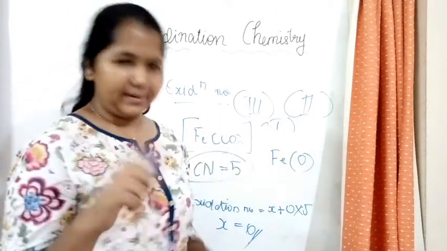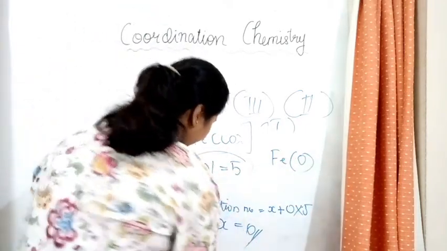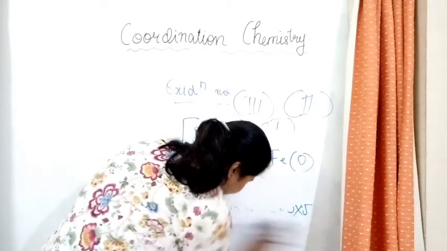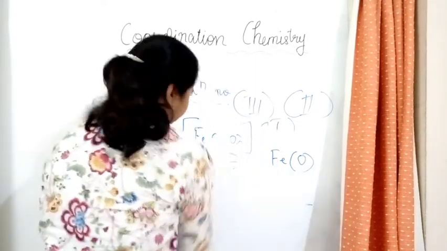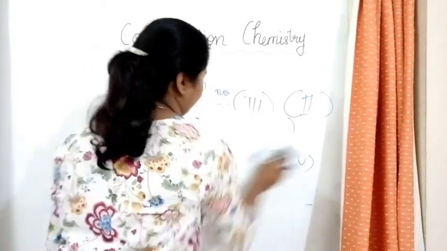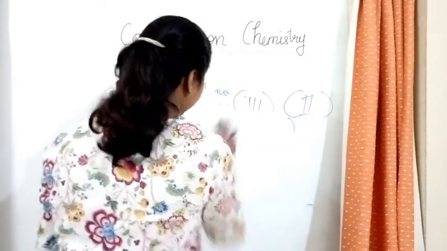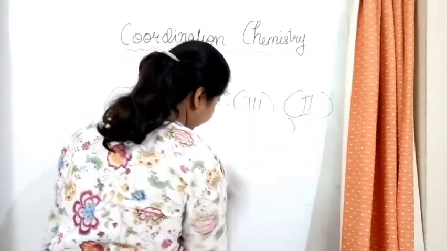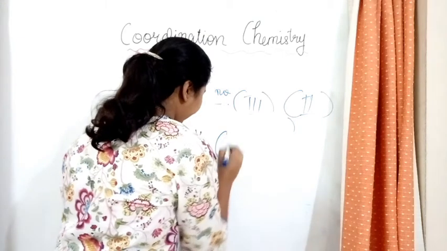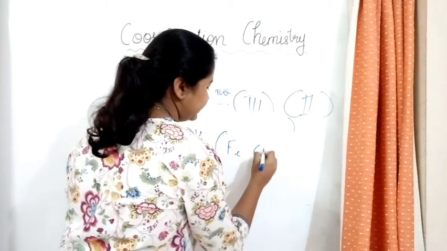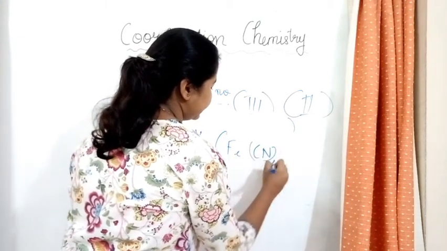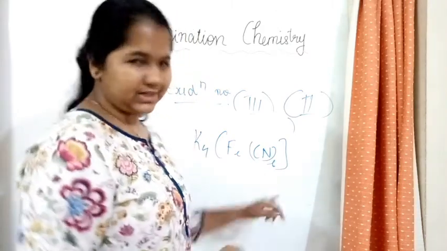So now let's see one more example. A regular example, what is that? K4[Fe(CN)6], am I right? So let's see what this is.